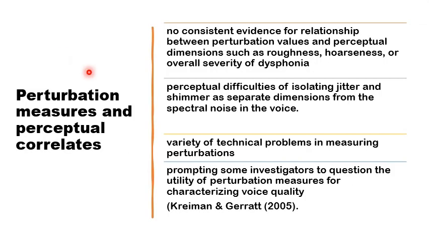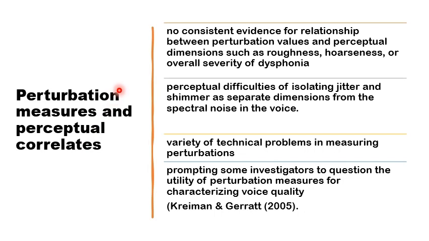The other issue is how these perturbation measures, jitter or shimmer, are correlated with the way we perceive voice in terms of dimensions like roughness or hoarseness or overall severity of the dysphonia. Again, there is no consistent evidence for a direct relationship between a perturbation measure and a perceptual dimension.